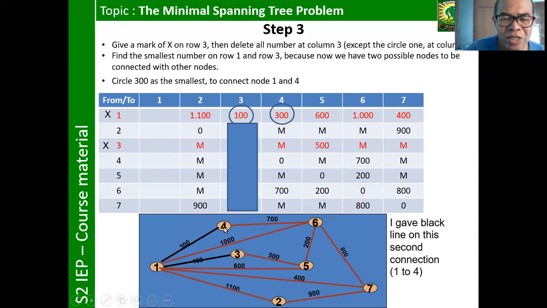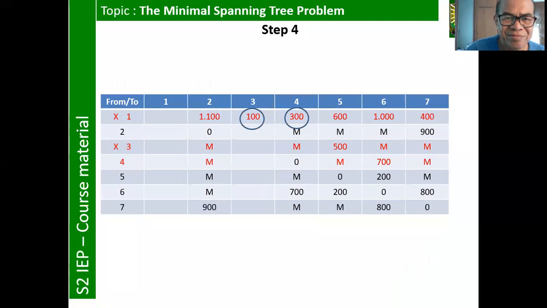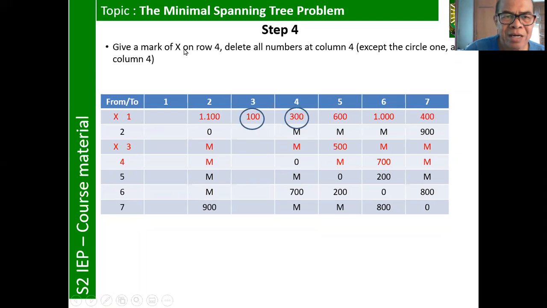Next, of course, we need to find where the pipe should go after this step. We follow the same direction. Now 1 to 4 is already connected. Mark row 4 and delete all numbers in column 4 except the circled one.